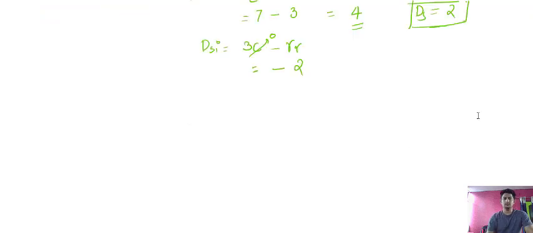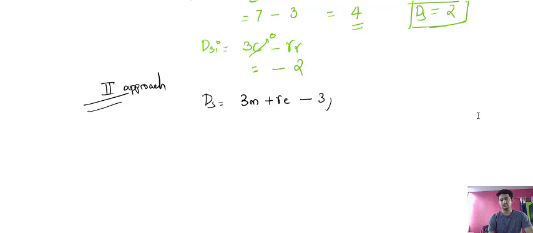The second approach for the solution of this structure will be the formula for DS, which is 3 times m plus Re, these are external reactions, minus 3J minus Rr.